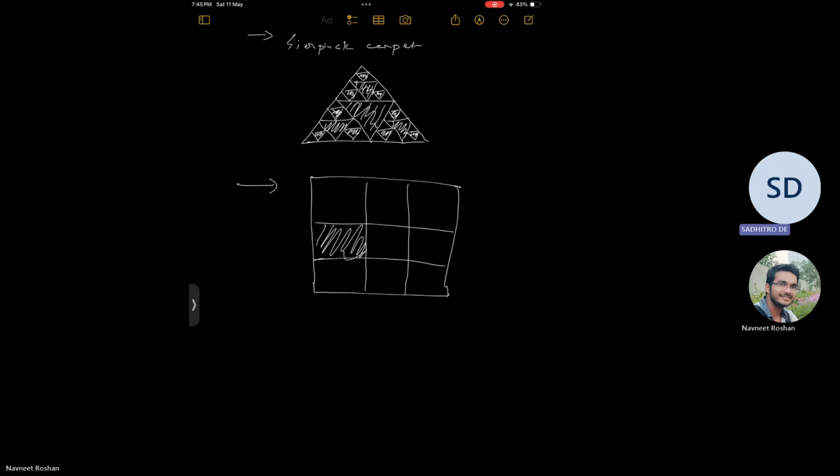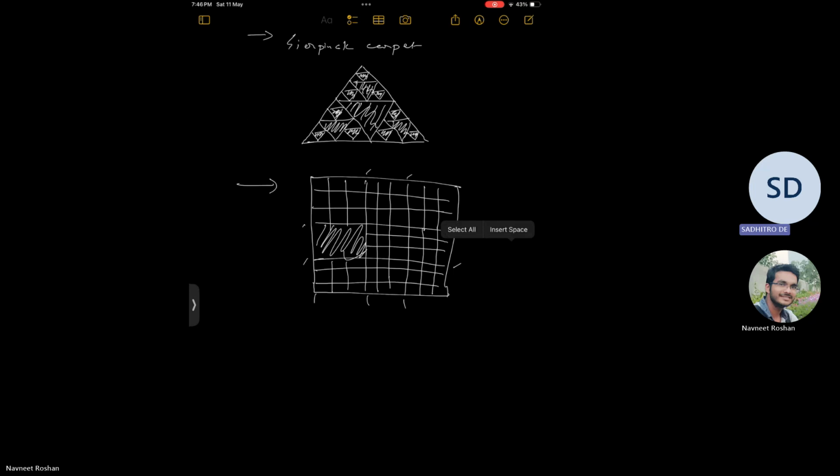So we divided the squares which are marked over here into smaller squares like that, and in each of these large squares, we have these 9 small squares.